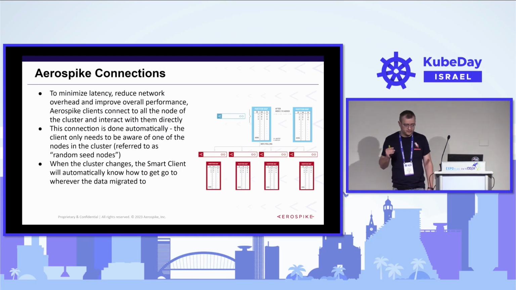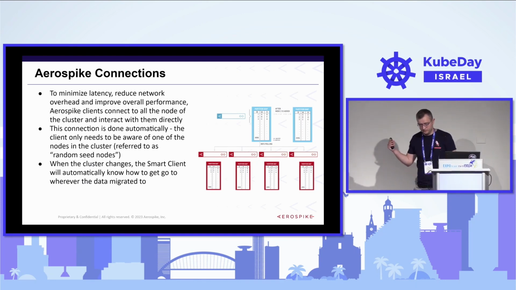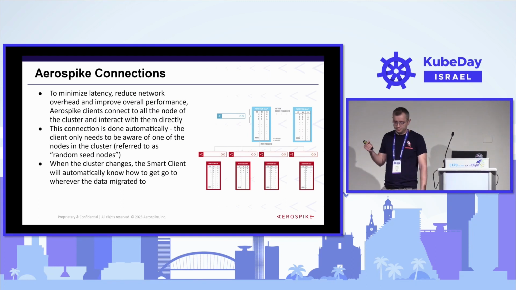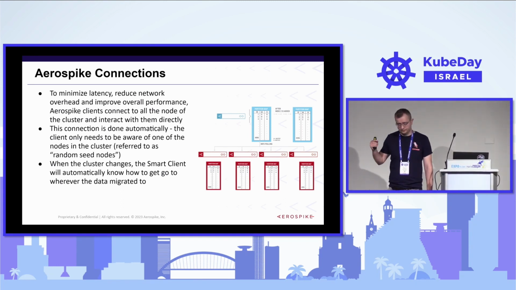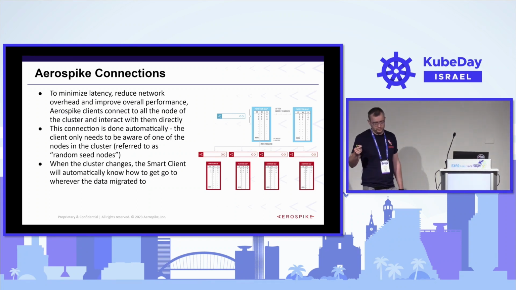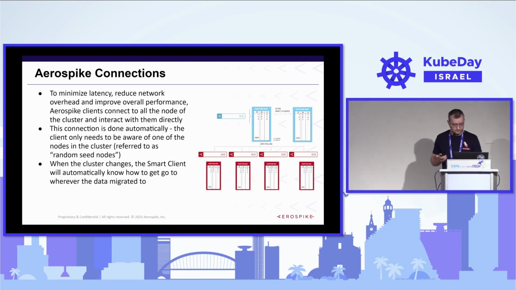It doesn't mean that the library user needs to provide all those IPs. It just needs to provide one IP, and then our library knows how to interact with that specific node, and then that node figures out all the network topology and sends it back as a response to the client library. So that's how our clients work.